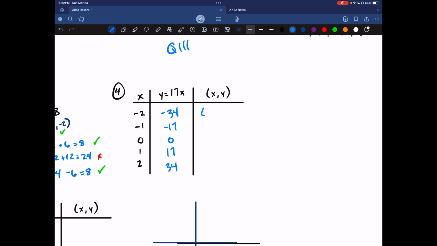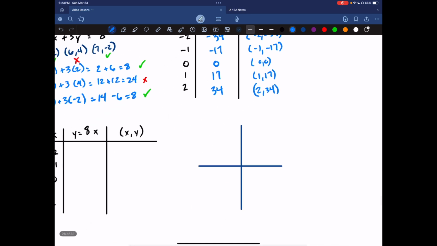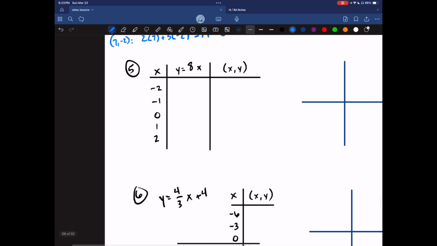If I write these each as an ordered pair, that's negative 2, comma, negative 34. Negative 1, comma, negative 17. 0, 0. 1, comma, 17. 2, comma, 34. Okay? 0, 0 is your origin. It's the center of your x and y coordinate system, which is why it has a special name.